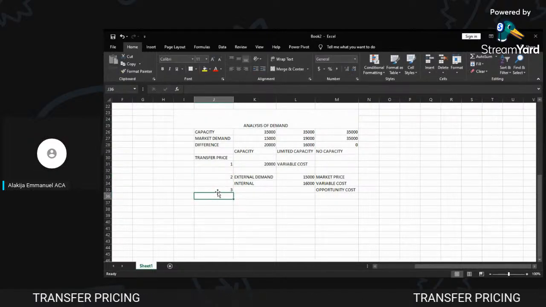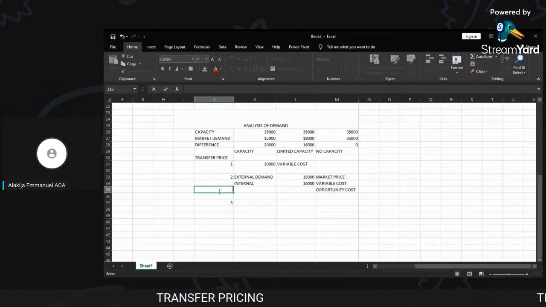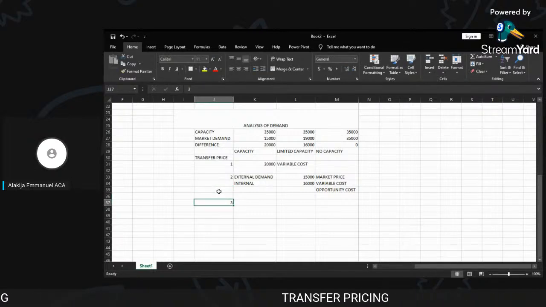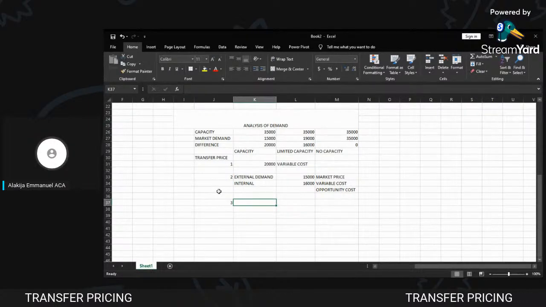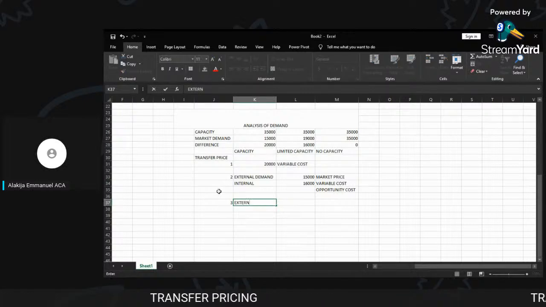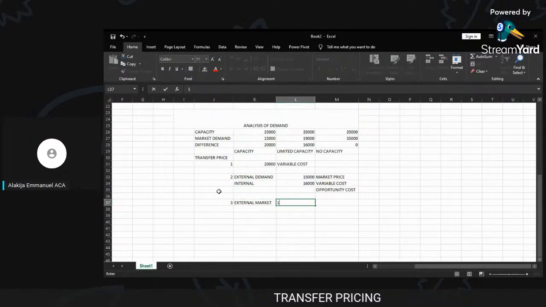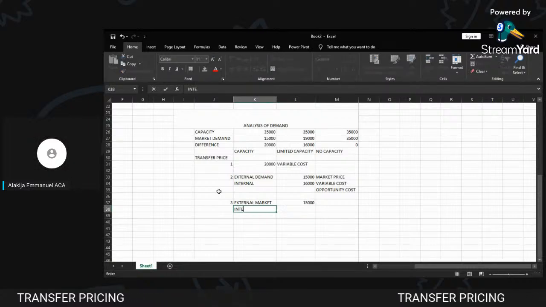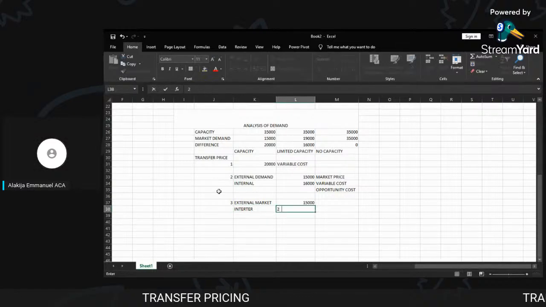So for this one now, the market needs the whole of 35,000, and Y wants to get 20,000 out of it. That means we have to deprive the external market of the whole 20,000 that is needed by Y. So the external market can get 15,000, while internal we get 20,000.